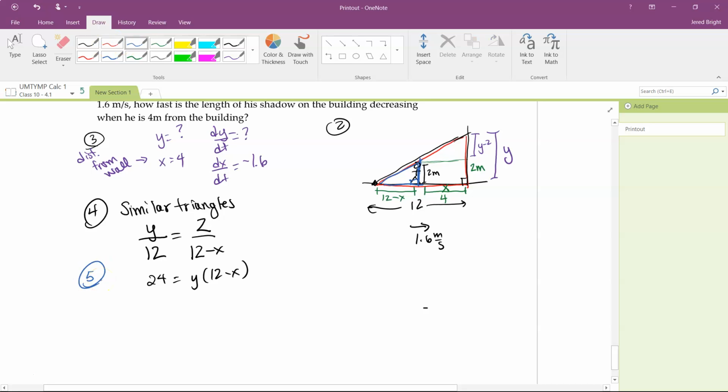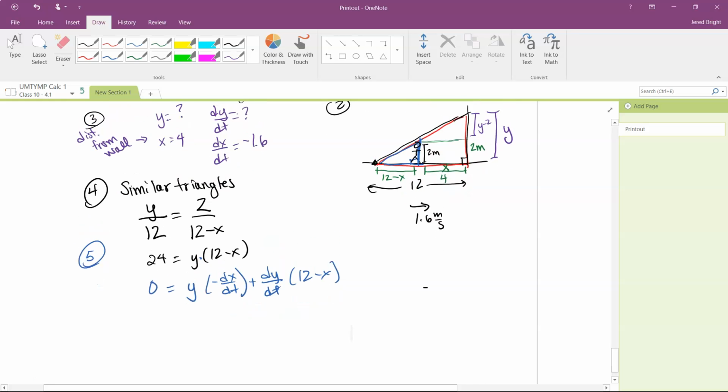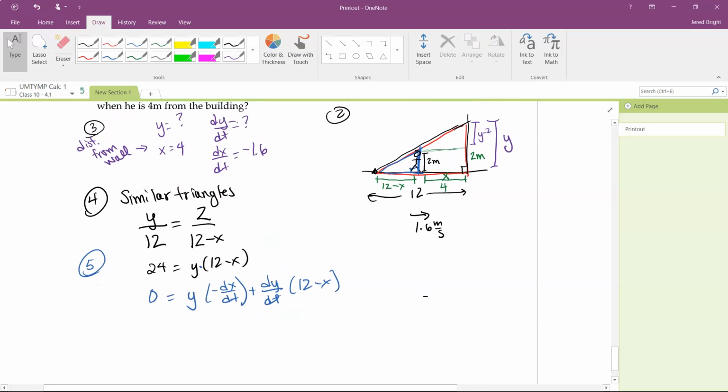If I introduce a time derivative, I'd have 0 is equal to, and here we have a product, so I have to do the product rule. y times negative dx/dt plus dy/dt times (12 minus x). Now I have to substitute in, but the thing is I still don't know what y is.